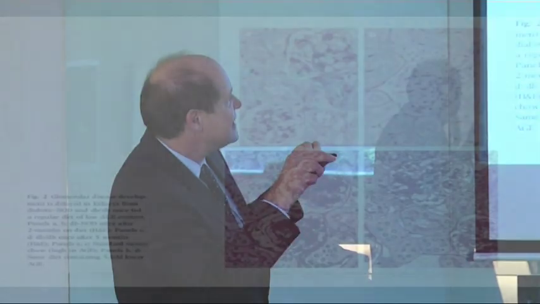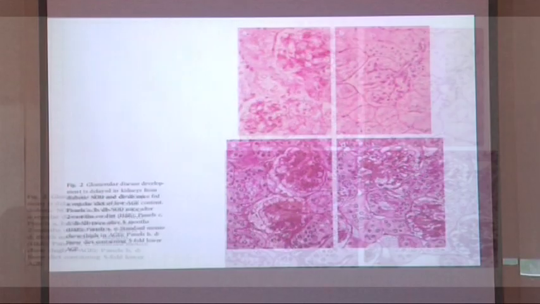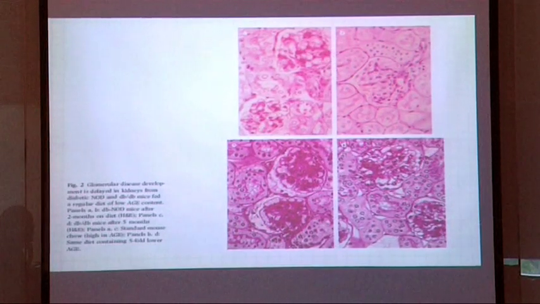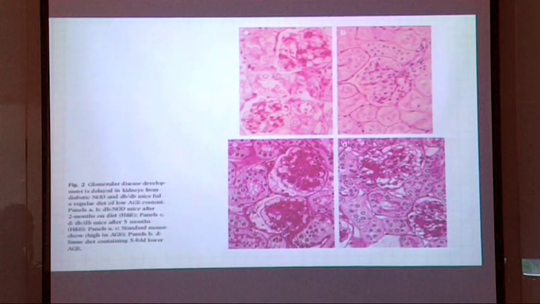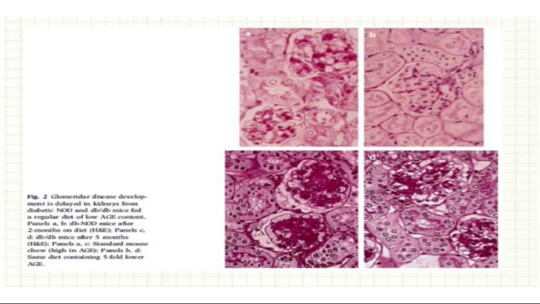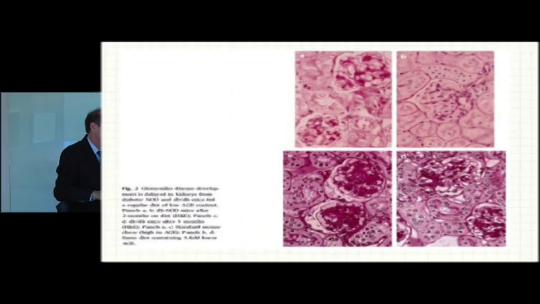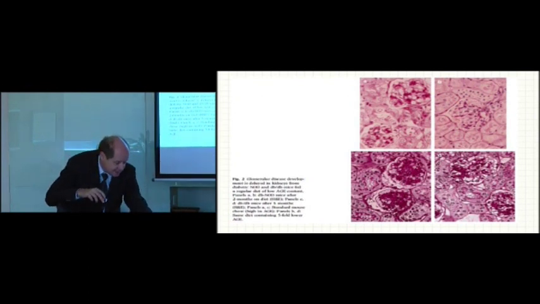You see here, this is after 2 months, an animal fed with high AGE versus animals with low AGE, and you see the comparison at 5 months. It's really interesting how the formation in the glomeruli, the deposits here you can see in comparison to the other group. And this explains also the diabetic complications we find in kidneys in Wilson disease with the apparent glomerulonephritis.